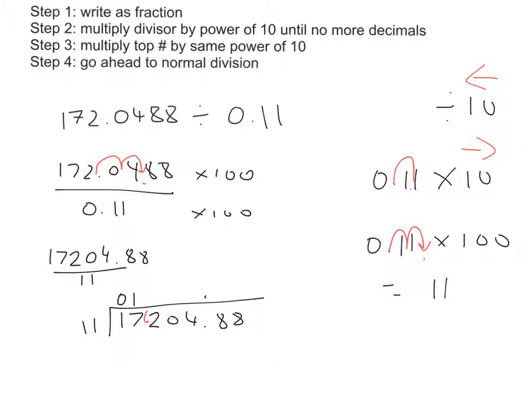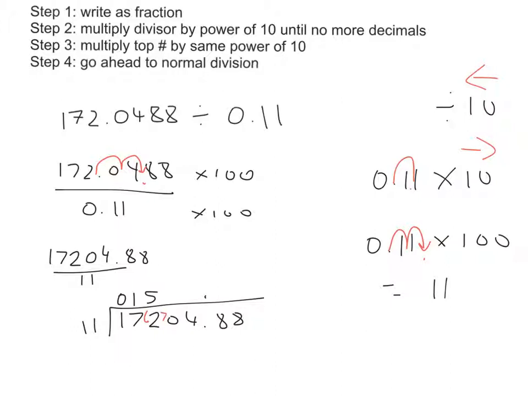So now we're asking, how many times does 11 go into 62? And we know that 11 times 5 is 55. So that means that 11 goes into 62 at least 5 times. 62 minus 55 is 7, so the remainder is 7, which goes next to the next place value.